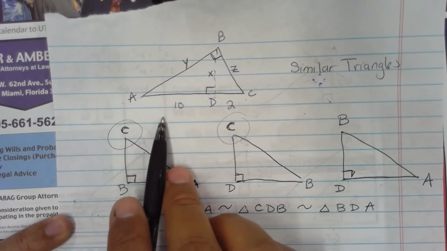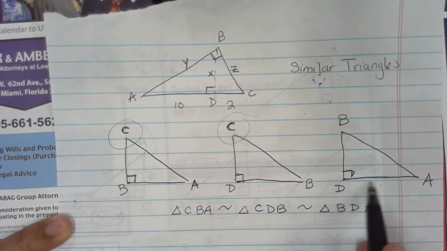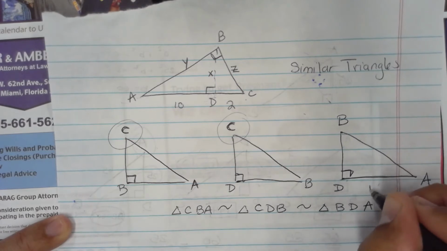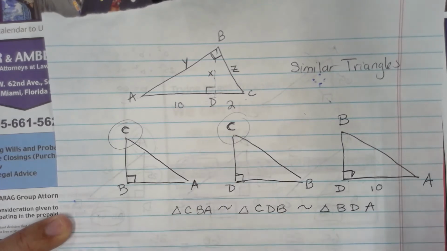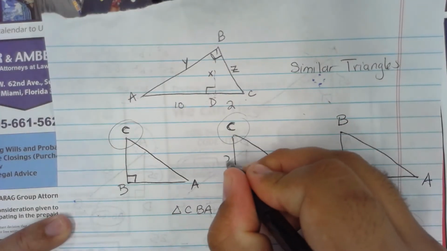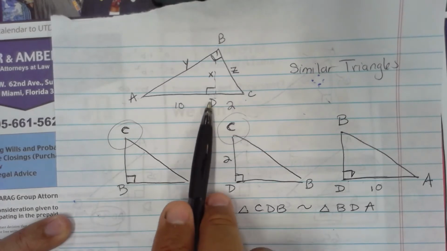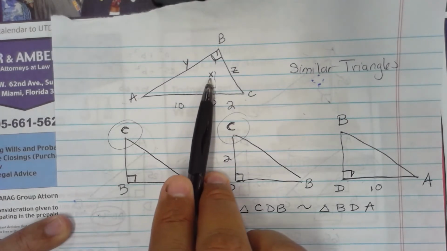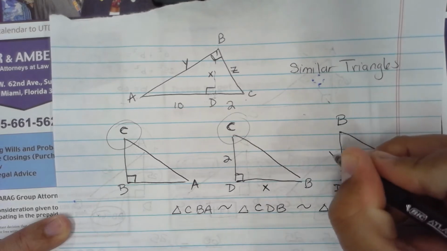Well, we have some information here. We have AD, which is located here, measures 10, and we have CD here, which measures 2. But we also have BD. BD has the variable x, correct? So this is x, and this is x.